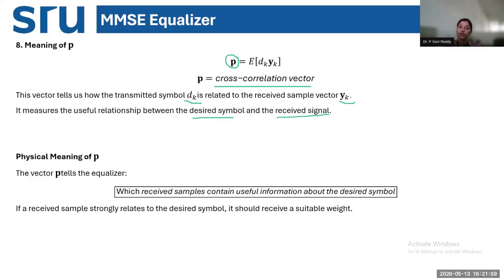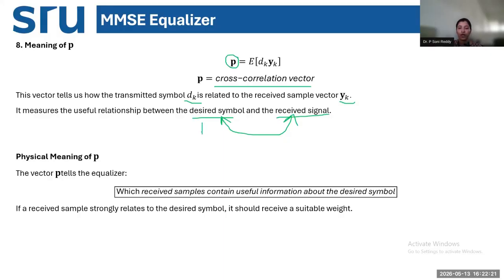So here, why are we using this cross correlation factor? We are using it to understand how much my received signal is similar to my actual desired symbol.